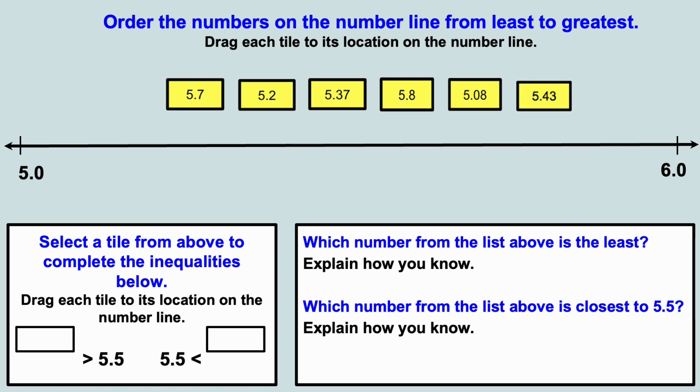The students would also be able to tell from the list which of the tiles is the smallest or the least of all, or which of the tiles is closest to 5 and 5/10. The students would experience different practices as they navigate through this.